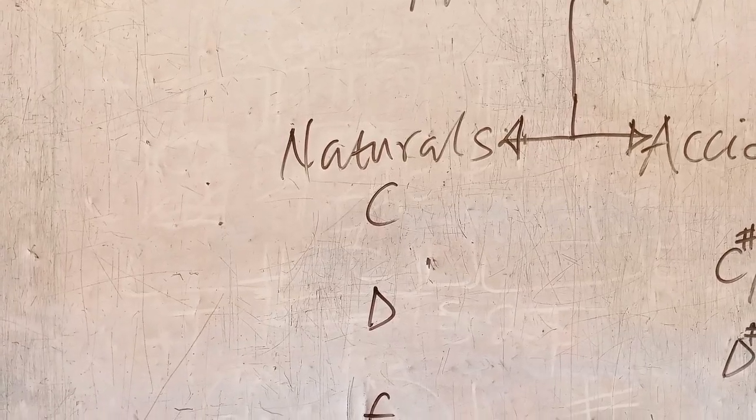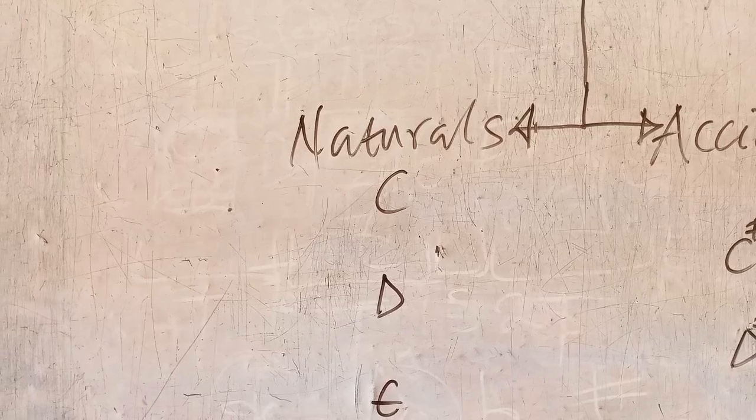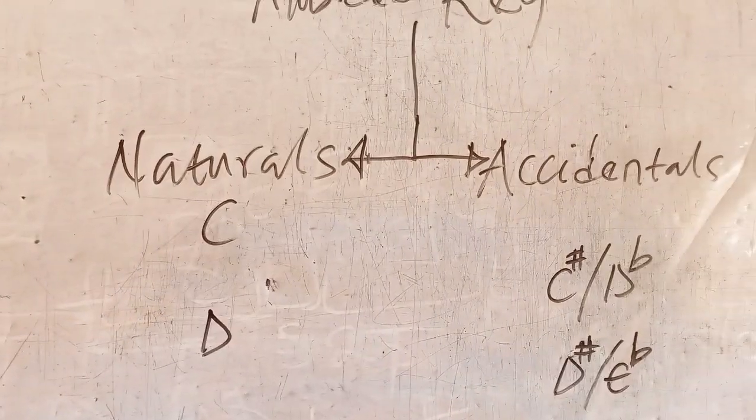So in summary, like we said, there are 12 musical keys divided into two, naturals and accidentals.